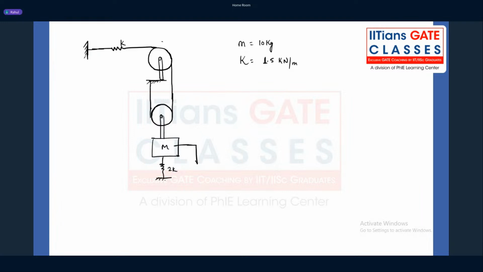Just observe. Suppose the mass is getting displaced by the amount x. Definitely, this spring will also be getting displaced by the amount x. What about this spring? Let's say there is a tension here. If this mass is getting displaced, this pulley will also be getting displaced by the amount x. Let's say here we have the tension T. It will be T by 2, T by 2.